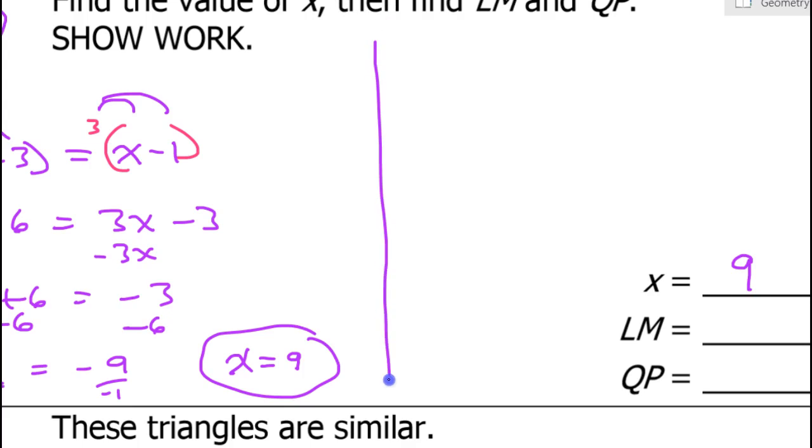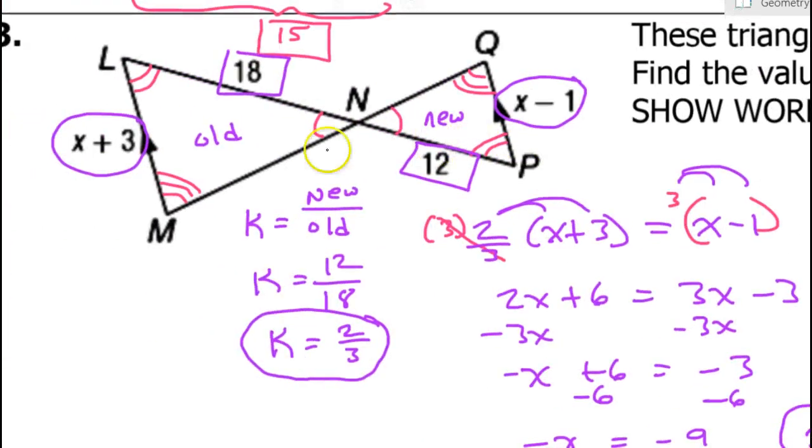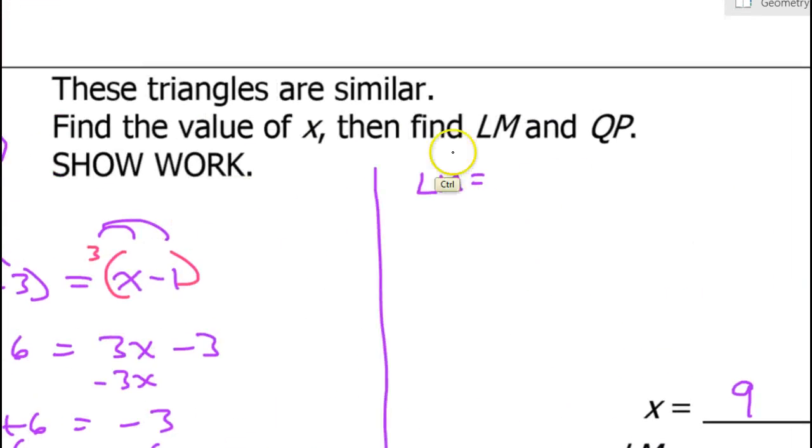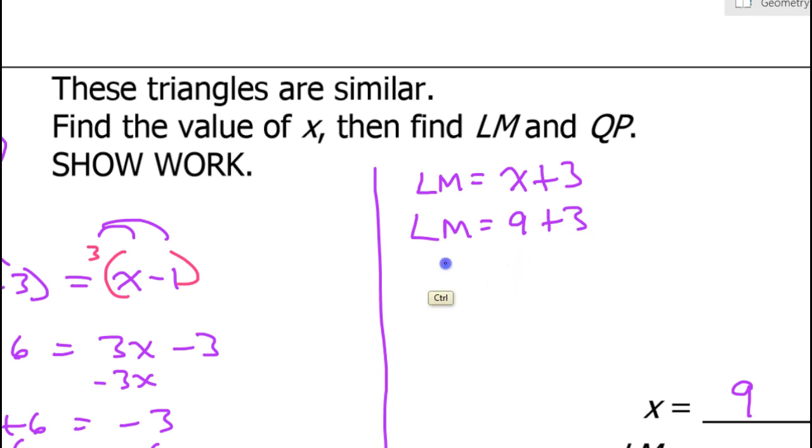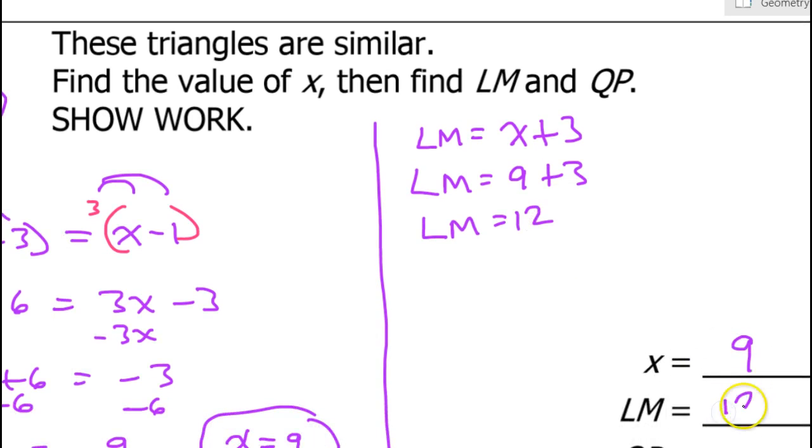Okay, now we need to find LM and QP. So, LM, let's look at the picture. LM is x plus 3. But now we know that x is 9, so LM is going to be 9 plus 3, which of course is 12. So LM is equal to 12.